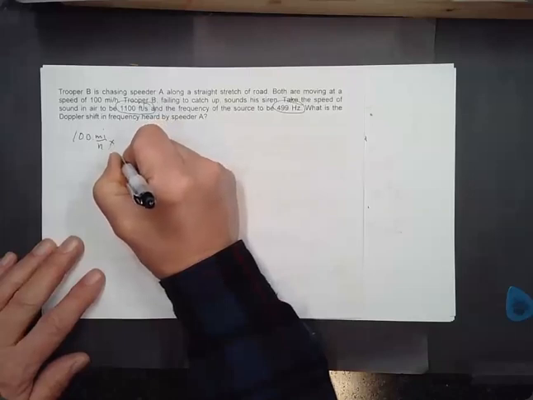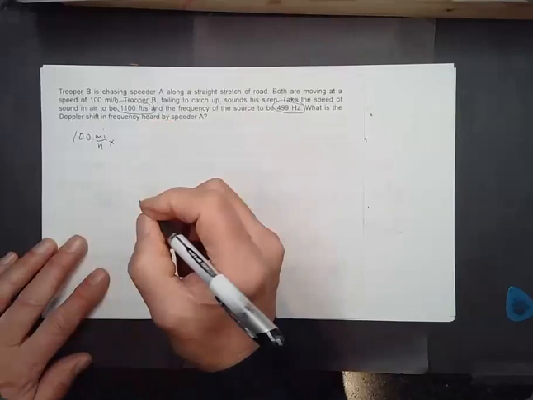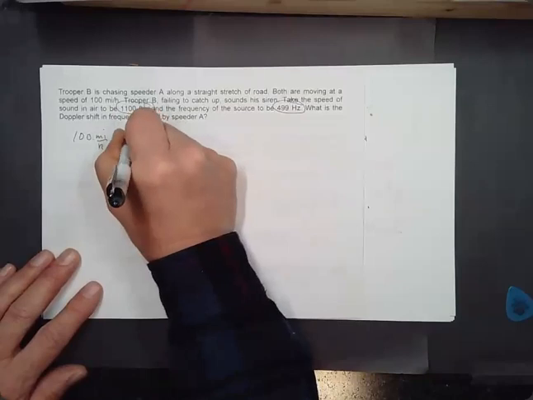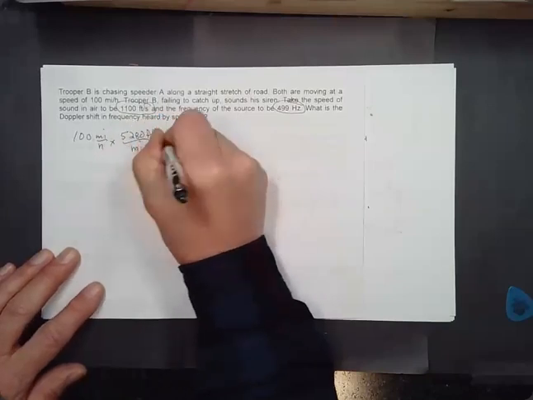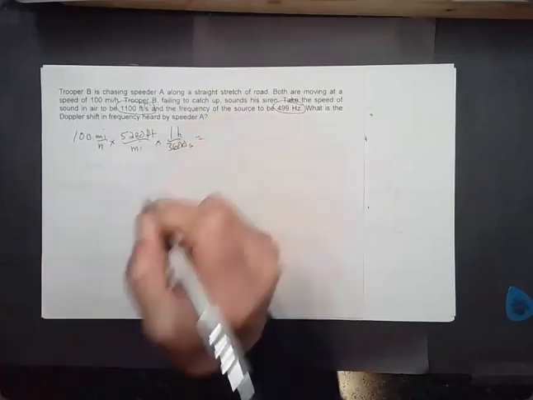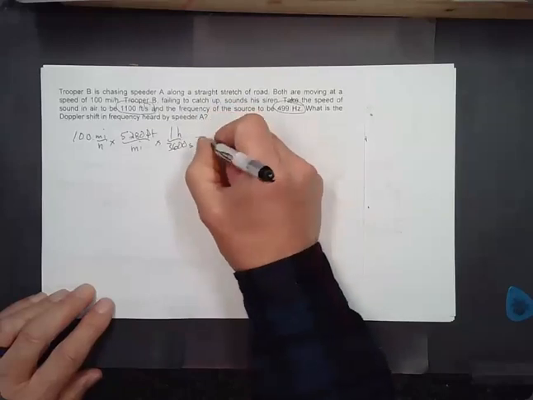Actually, we may not even need to do anything unit-wise on this, but I'll go ahead and do it anyway. 5,280 feet per mile times 1 hour over 3,600 seconds. And 100 miles an hour is about 147 feet per second.